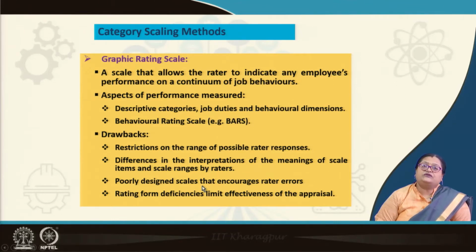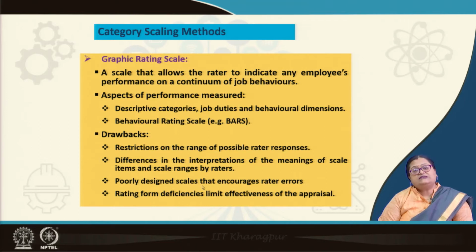Each of these methods can be classified under different headings. First, we have the category scaling method. Why is it called the category scaling method? Here, different categories are defined and the employees are given marks on their performance based on those categories, which define the excellence achieved in the work.